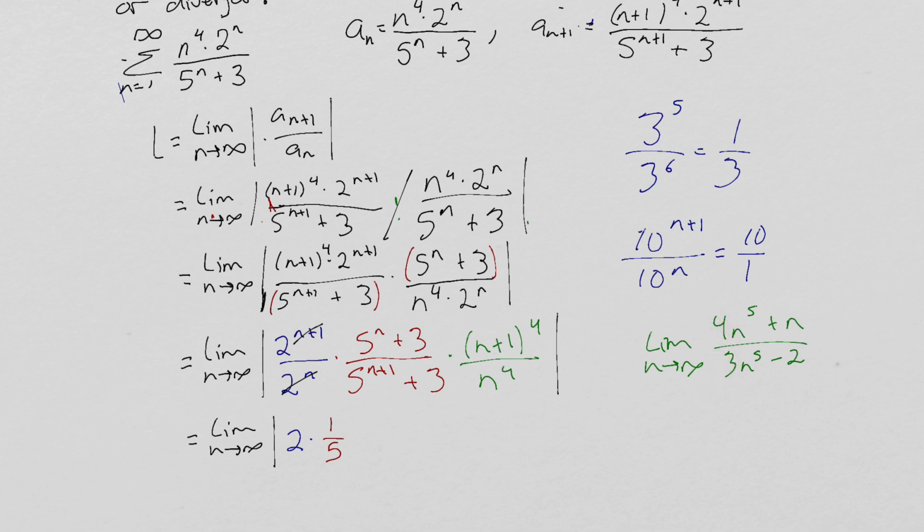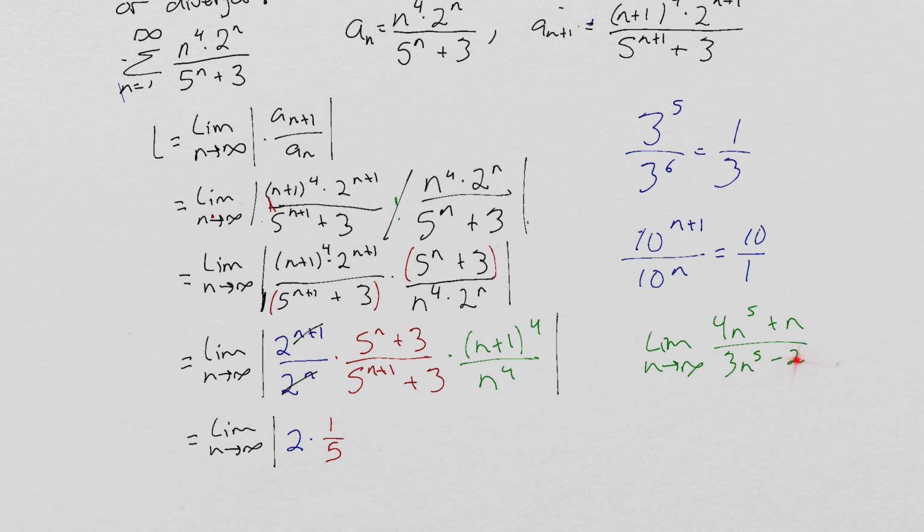One way to logically think about it is if I'm thinking about 4 times infinity to the 5th, adding another infinity is going to be pretty inconsequential compared to doing infinity to the 5th. Think about, say I added 1,000. 4 times 1,000 to the 5th would be way bigger than this, and this would be pretty much inconsequential.